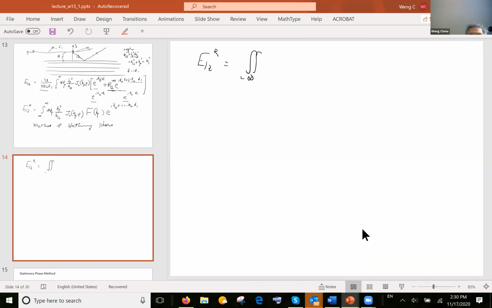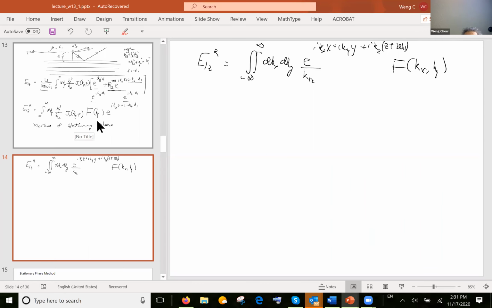Then I will have a double integral again: e to the i kx x plus i ky y plus i kz (z plus 2d1). And then I will have a k1z here, and this very complicated function of kx and ky.